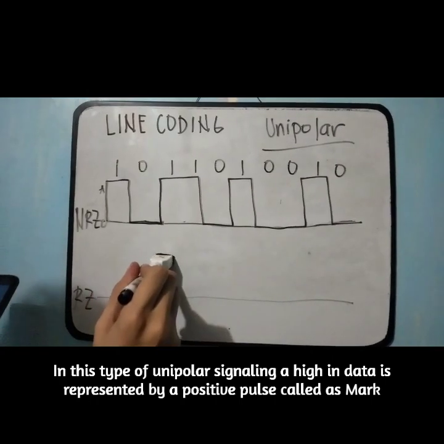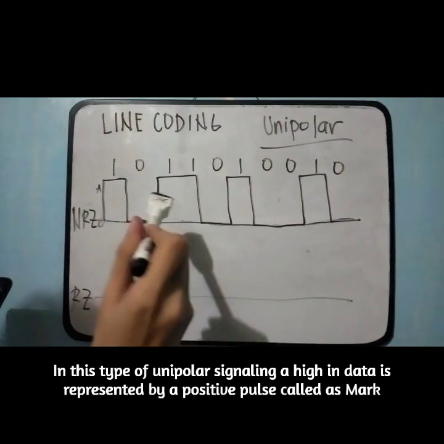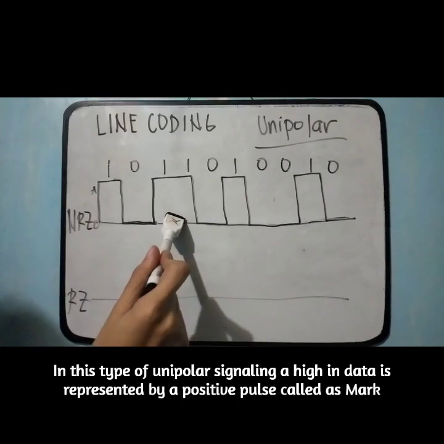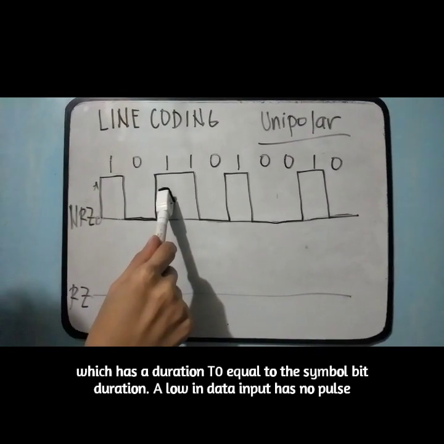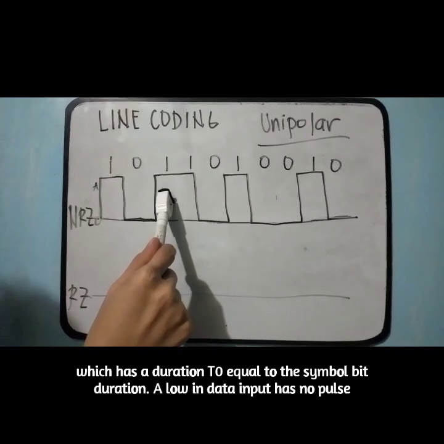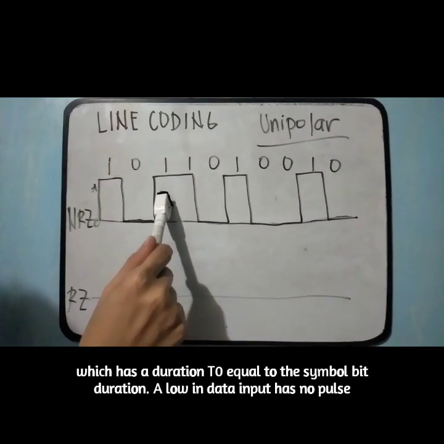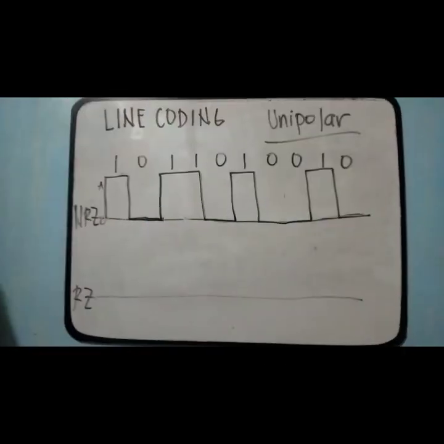In this type of unipolar signaling, a high in data is represented by a positive pulse called mark, which has a duration T0 equal to the symbol bit duration. A low in data input has no pulse.